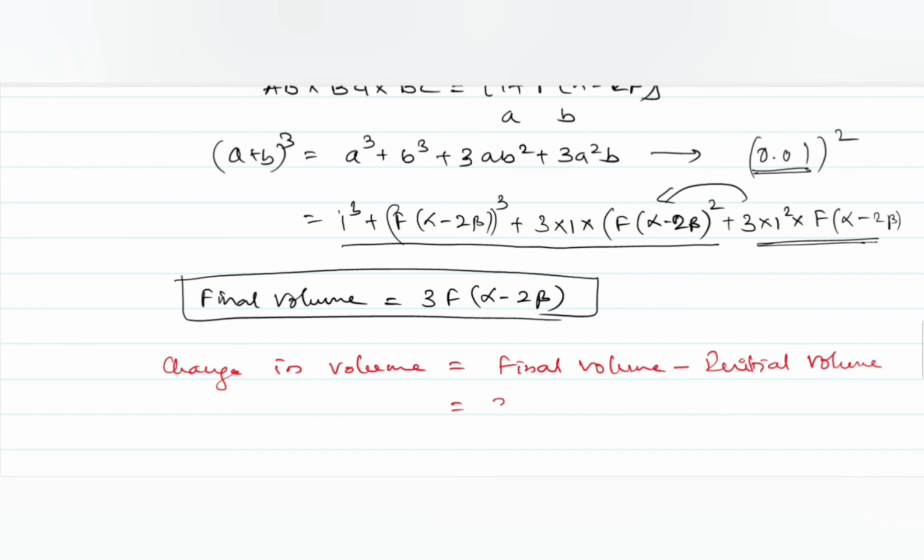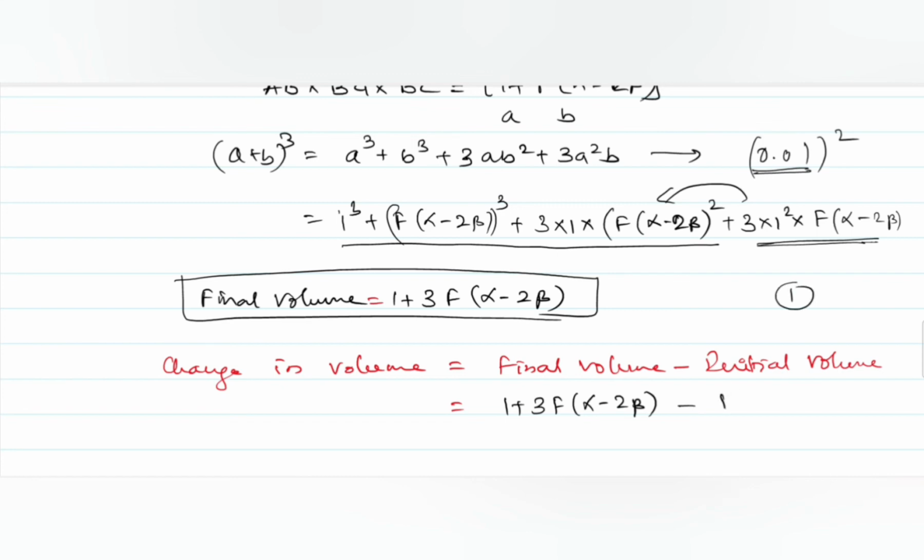Final volume is 1 plus 3f, because this 1 cube becomes 1 only, then 1 plus 3f alpha minus 2 beta. Therefore, 1 plus 3f alpha minus 2 beta is the final volume, and minus the initial volume, which is 1 cube.